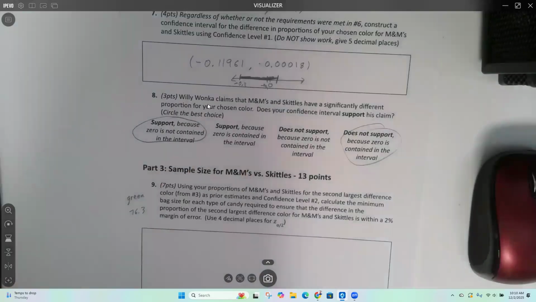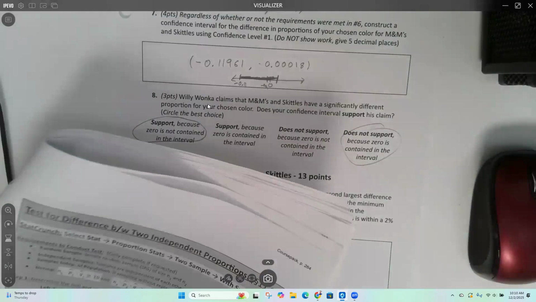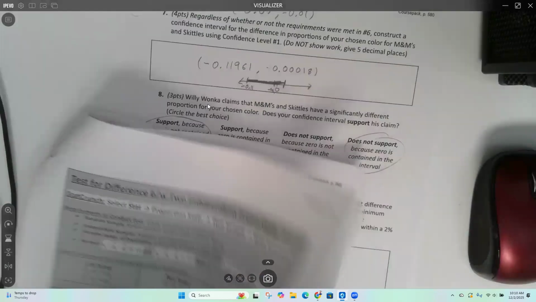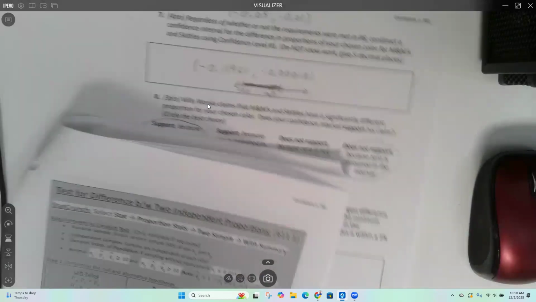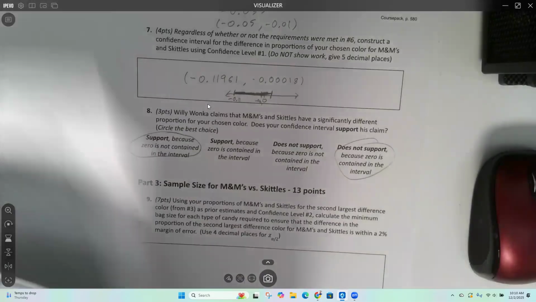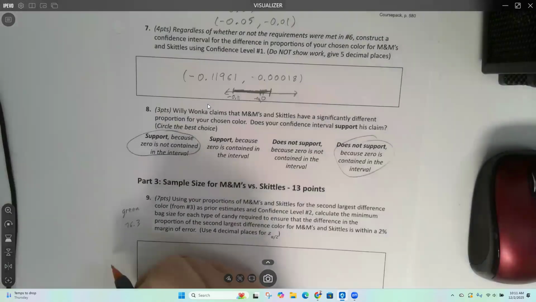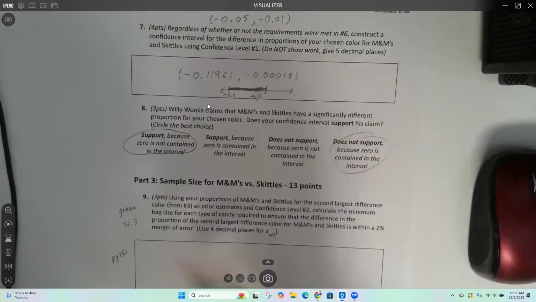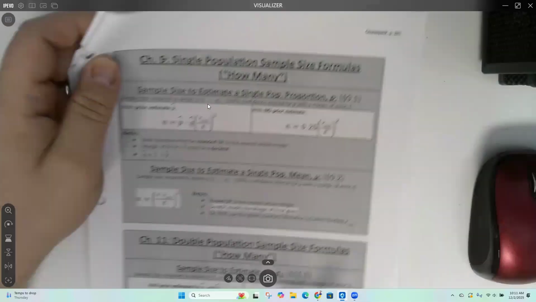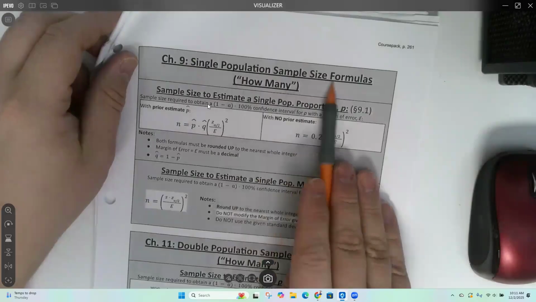that is on page 261. Single population sample size formulas.